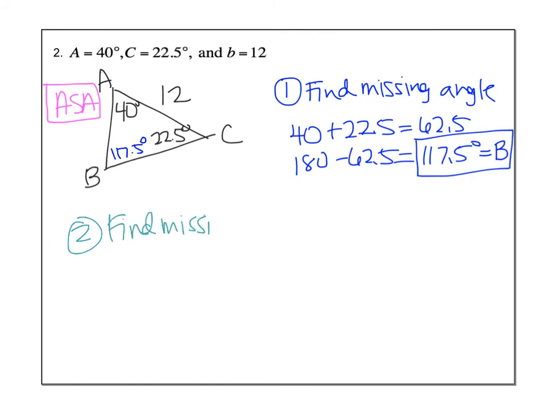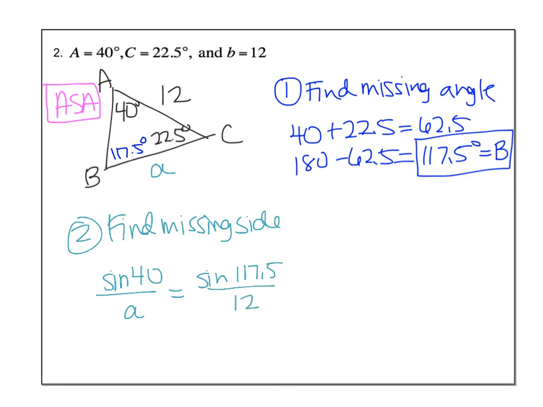So the missing side I'm going to choose is going to be little a. It's missing, let's try and find little a. Again, it's going to be across from big A, so make sure you put it in the right position. And if we partner that together, that goes with the 40. Sine of the 40-degree angle over the side A is equal to the sine of the pair we're going to use this time. We have to use the 117.5 over 12.